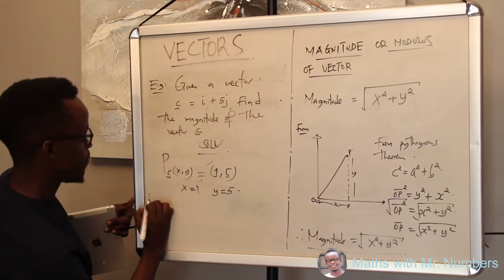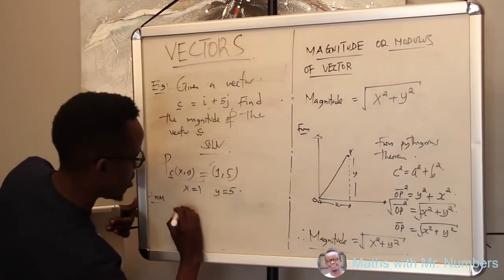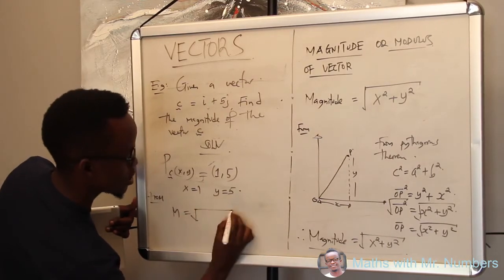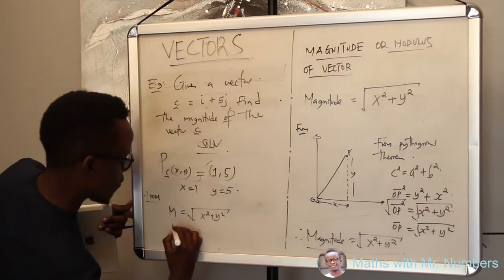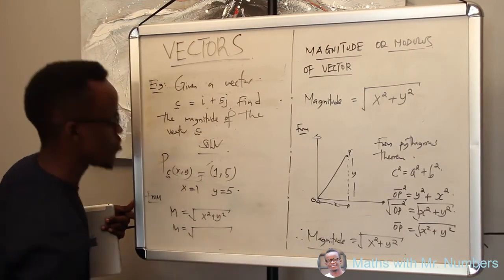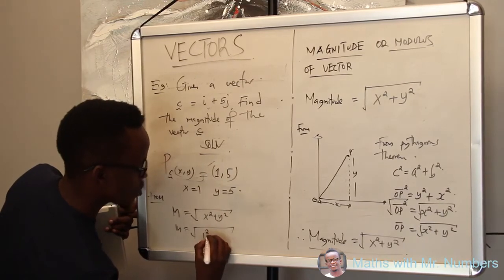From our formula, the magnitude of a vector is the square root of x squared plus y squared. Having x as 1, you substitute it, so you have 1 squared.